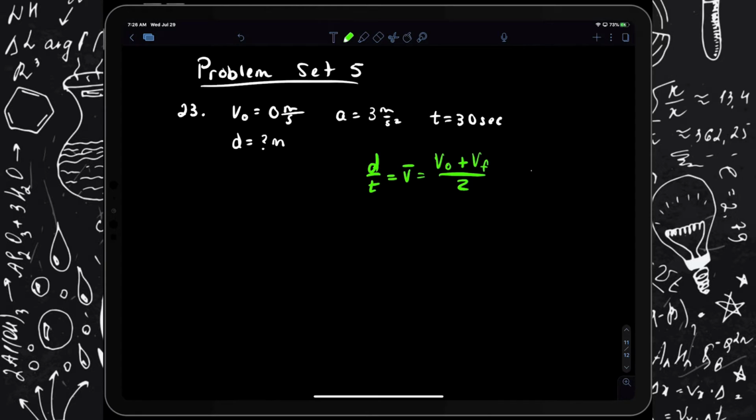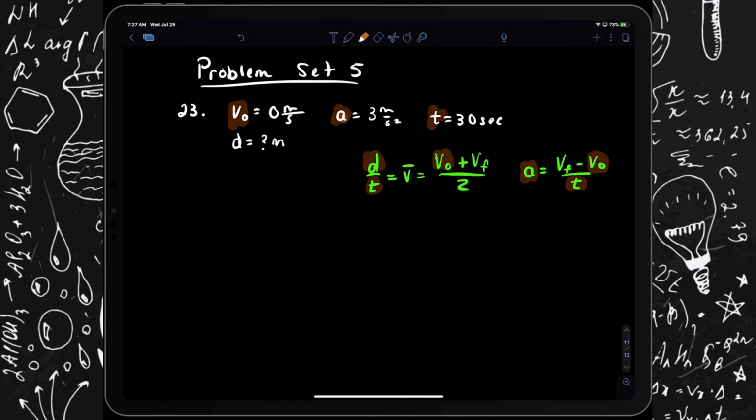And then we have the acceleration formula, where it's VF minus VO divided by T. What we have to do is combine all three of these equations together, because of the givens that we have here: VO is here, VO is here, you have A right here, you have time here, time here, and we're trying to solve for the distance, that's there.